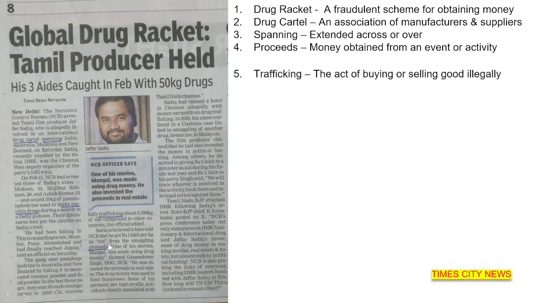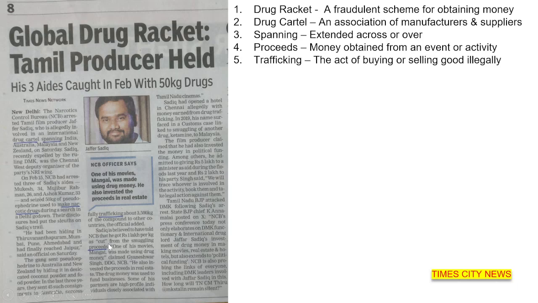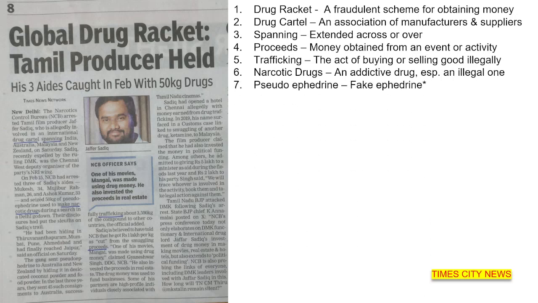And then trafficking: human trafficking is not allowed. Illegal trade of drugs is also trafficking. And then narcotic drugs, which cause addiction. And pseudoephedrine, a kind of fake drug, the name of some drug.